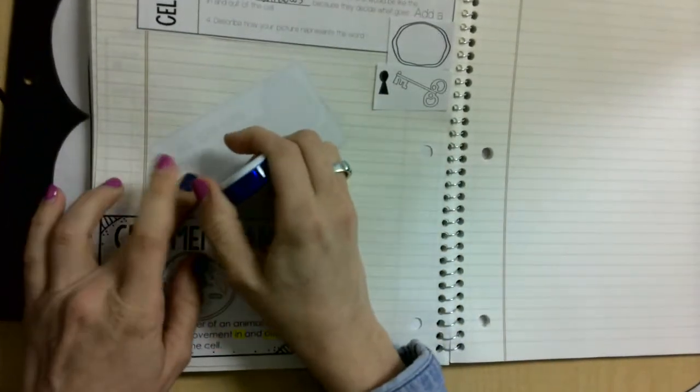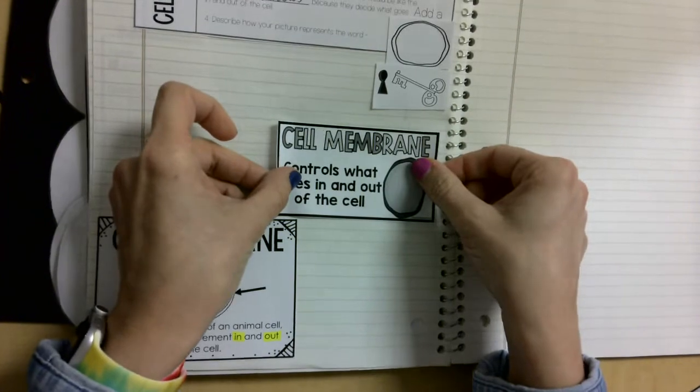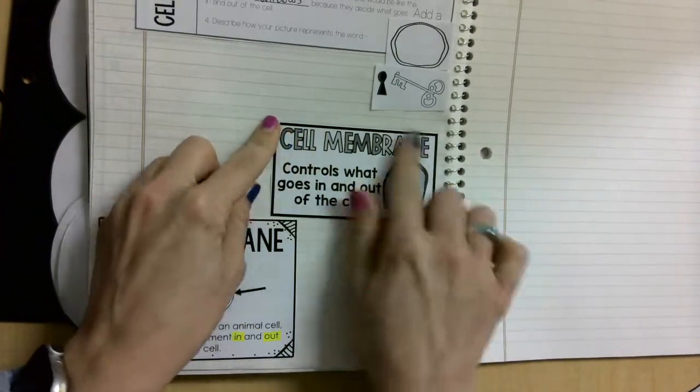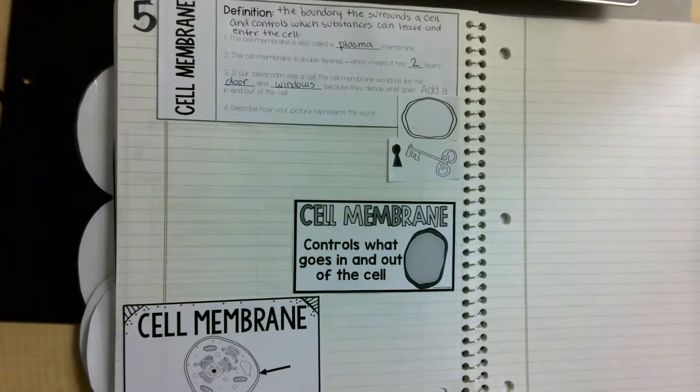But this one's going to go right above. Let's put it here. And we're going to actually write a little bit about the cell membrane in our notebook. So let me get a pen or pencil that I can write neatly with, since I have problems doing that. Okay.